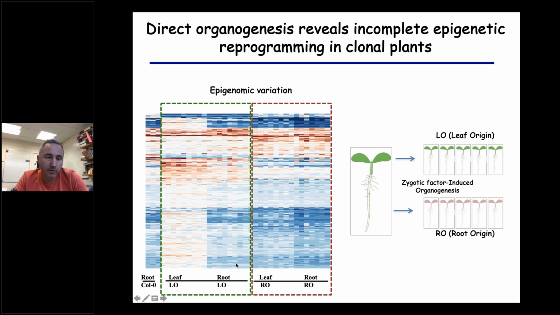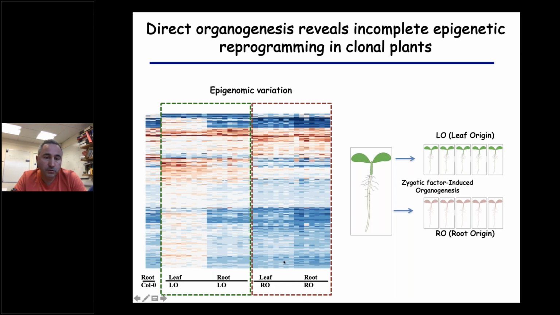But what Anjar found is that when you clone plants from leaves and you compare the leaf methylome and the root methylome, this pattern did look pretty much like a normal leaf and a normal root. So suggesting that when cloning from leaves, the epigenetic programs are as you would expect.